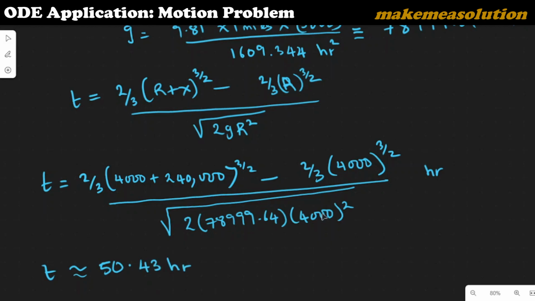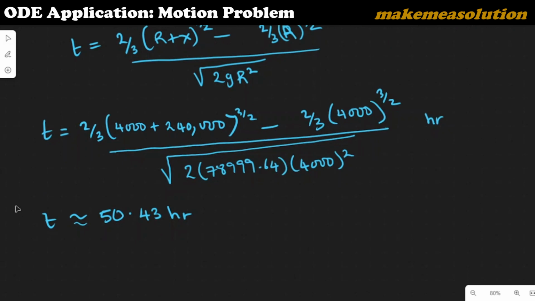Some people might round it to the nearest hour, for instance. So T is going to take us around 50 hours, if we round it to the nearest whole number of hours.